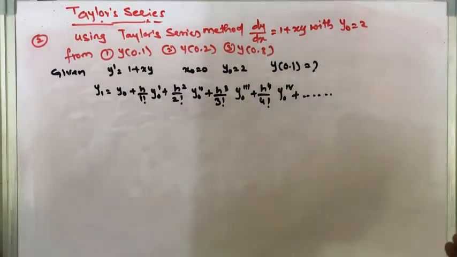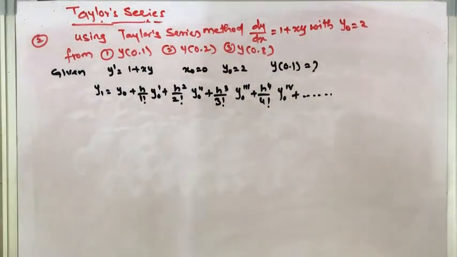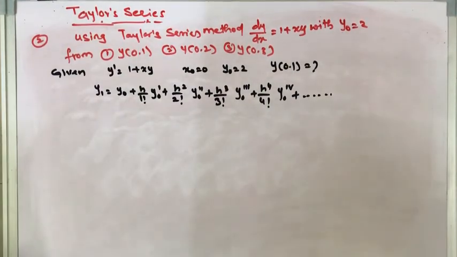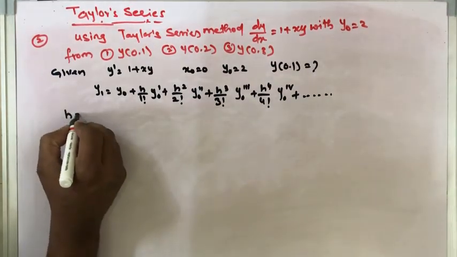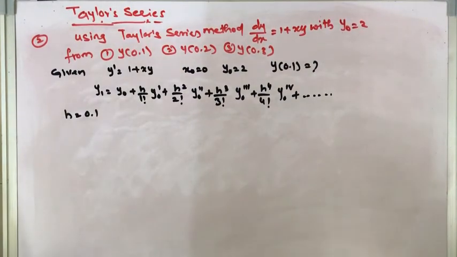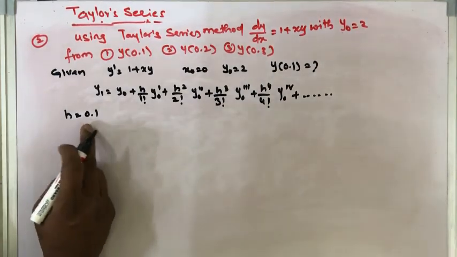This is the Taylor series equation. With its help, we need to calculate y of 0.1. In this case h will be 0.1, since x1 is 0.1 and x0 is 0, so x minus x0 is 0.1.